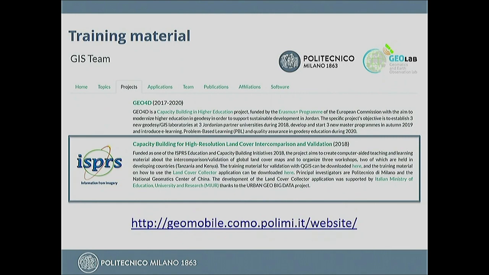As we saw that we don't have one product providing all the possible indexes that can be considered for evaluating the quality of the product, we decided to create something ad hoc, so to develop some specific plugins for doing exactly this activity of computing all the indexes in such a way to be able to completely assess the quality of the data. You find all the material that I'm mentioning now on this website.